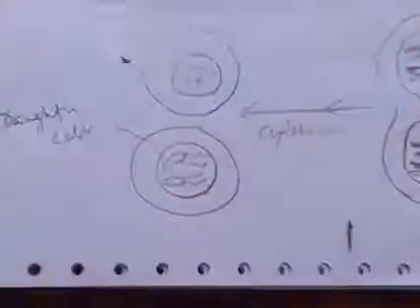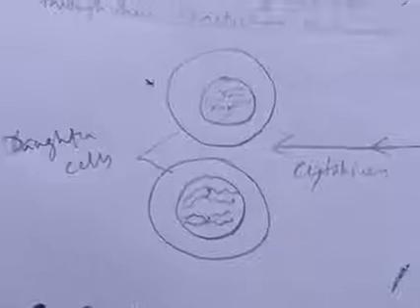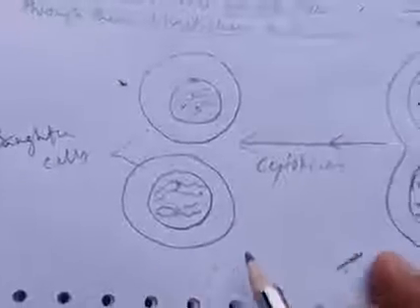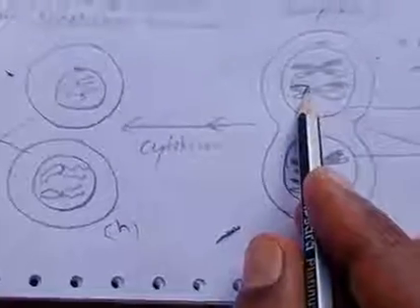We call them two daughter cells formed after meiosis first, right? These are said to be haploid because only one set of chromosomes we observed here.